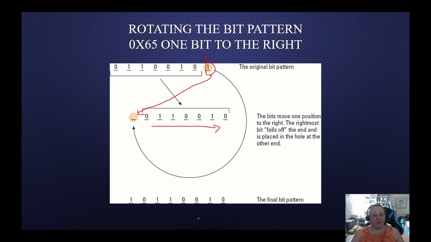That's all there is to it. So your final bit pattern is going to be the last digit and then all the digits that came before it. Now, all a logical shift is going to do is replace the last bit with a 0 and then move on with life. That's it. And an arithmetic shift is going to basically leave the sign bit unchanged. Okay, so that's the only difference.